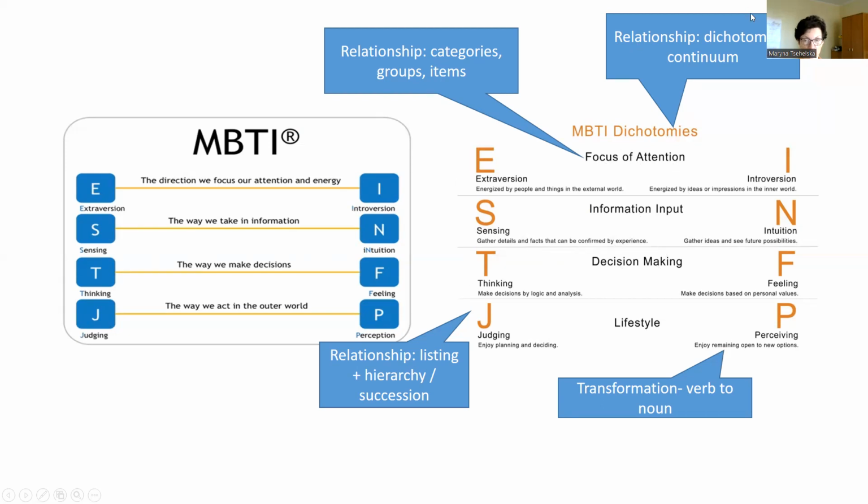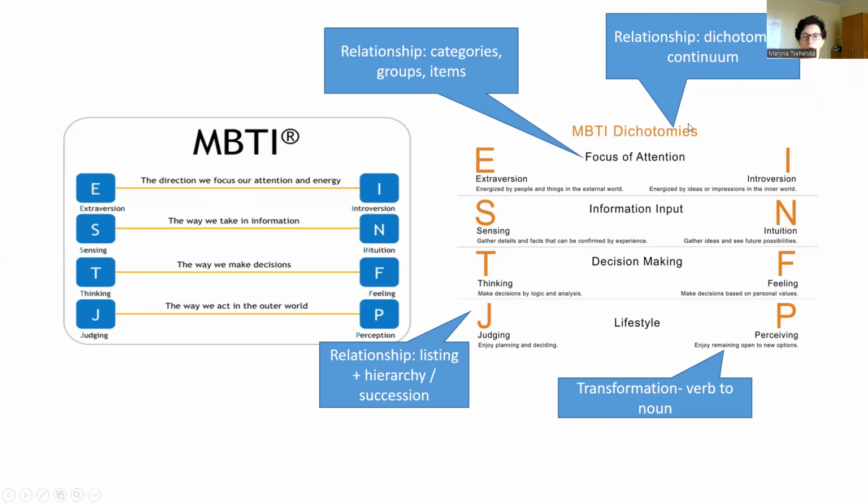So now we're talking about dichotomies, and for each dichotomy or continuum we can talk about the opposites: extroversion and introversion, sensing and intuition, thinking and feeling, and judging and perceiving.